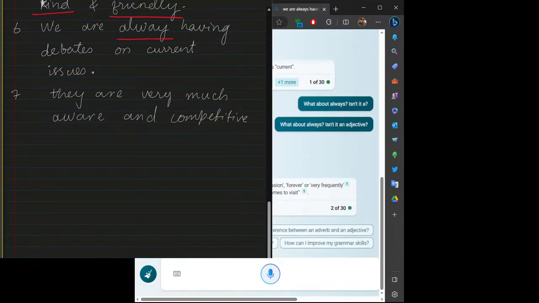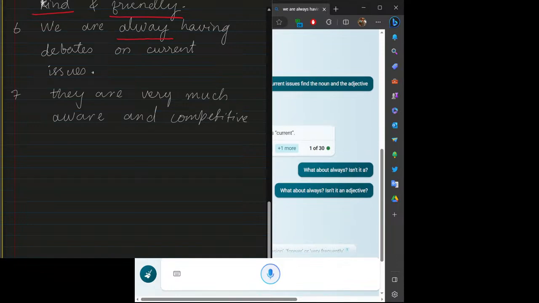We already said that adjectives describe a noun or a subject pronoun, but always is an adverb. It shows the situation and describes a verb. Supposedly, like we are having. Okay, good.